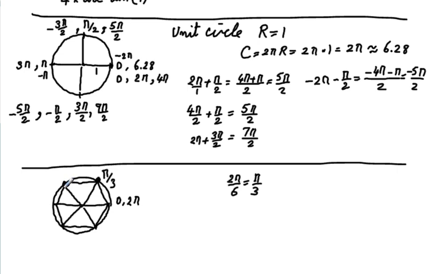By the time you make it to the second slice, what is your location? 2 of these slices, so of course 2 pi over 3. Third slice, so 3 pi over 3, or just pi. Fourth slice, it's of course 4 pi over 3. By the time you make it here, it's 5 pi over 3. By the time you have made it here, it's 6 pi over 3, which is just 2 pi. And then you can go around the circle some more.